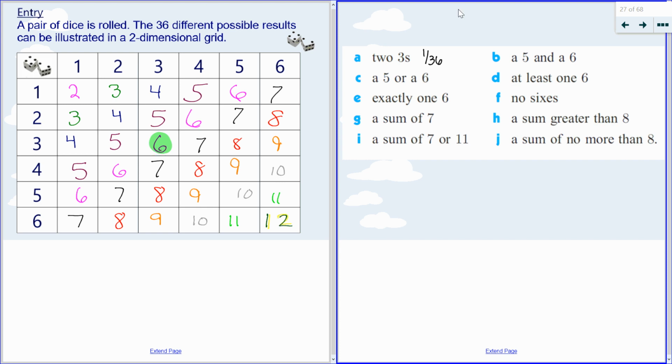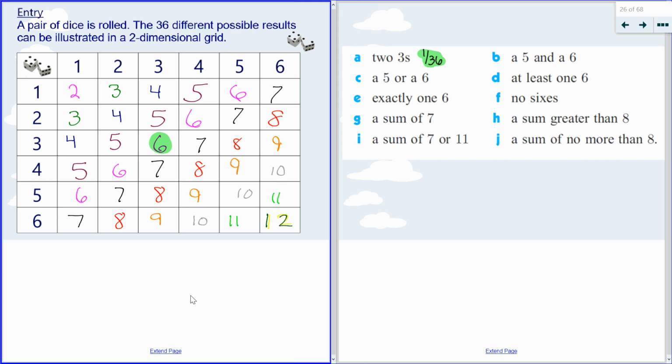Next, the probability of a 5 and a 6. So you roll 2 dice and you get a 5 and a 6. So a 5 and a 6, I'm going to highlight that. You have to think about how many different ways you can get a 5 and a 6. Well, you can get a 5 and a 6 here, that's rolling an 11.